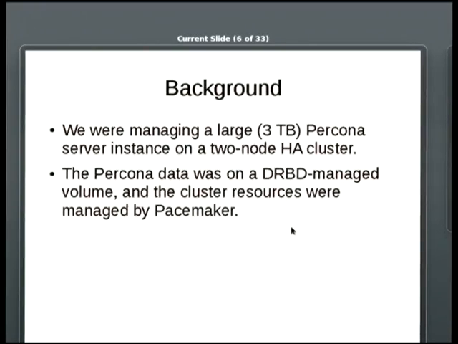So having talked about the technologies in use, the problem we're facing is, to begin with, we were managing a very large, about 3 terabyte Percona server instance on a two-node HA cluster with DRBD and Pacemaker. The Percona data was, of course, on a volume which DRBD was replicating.